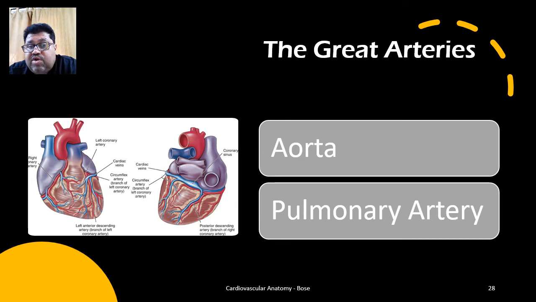The left pulmonary artery runs in front of the descending aorta and the left primary bronchus to the root of the left lung. It is attached to the arch of the aorta by the ligamentum arteriosum.